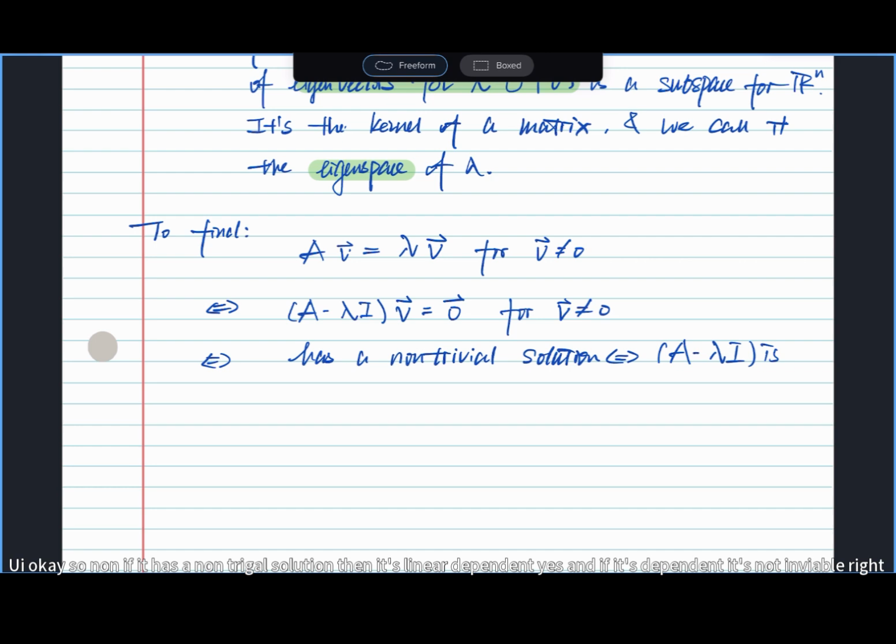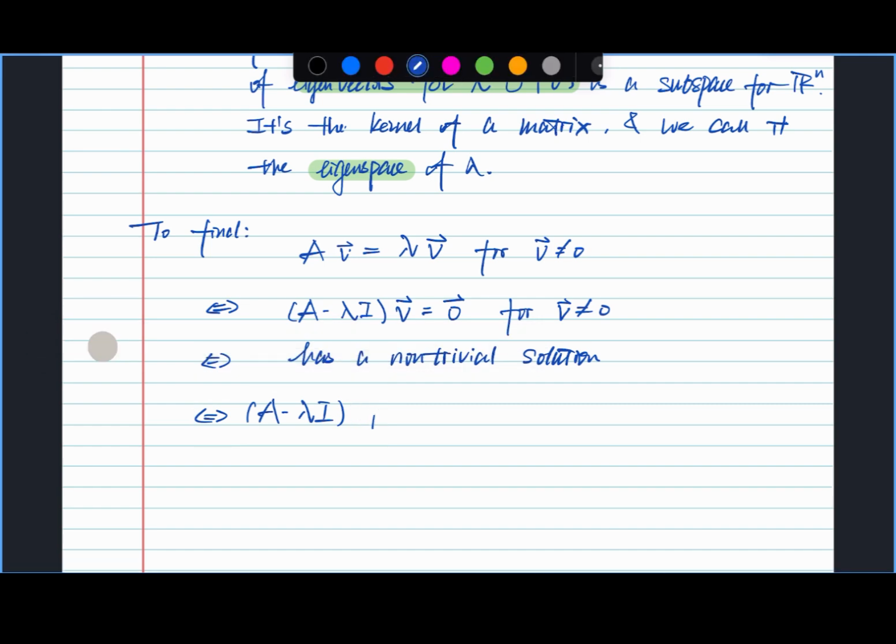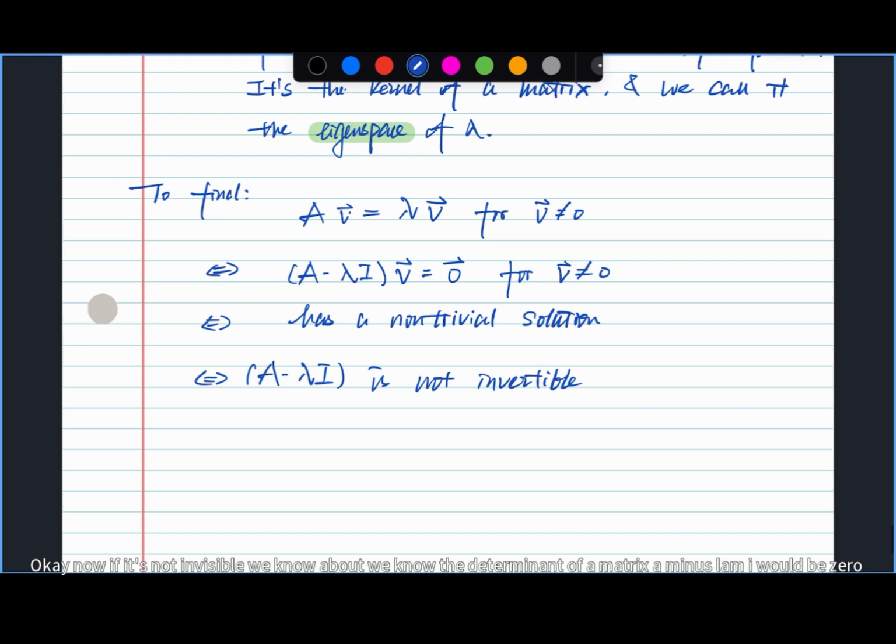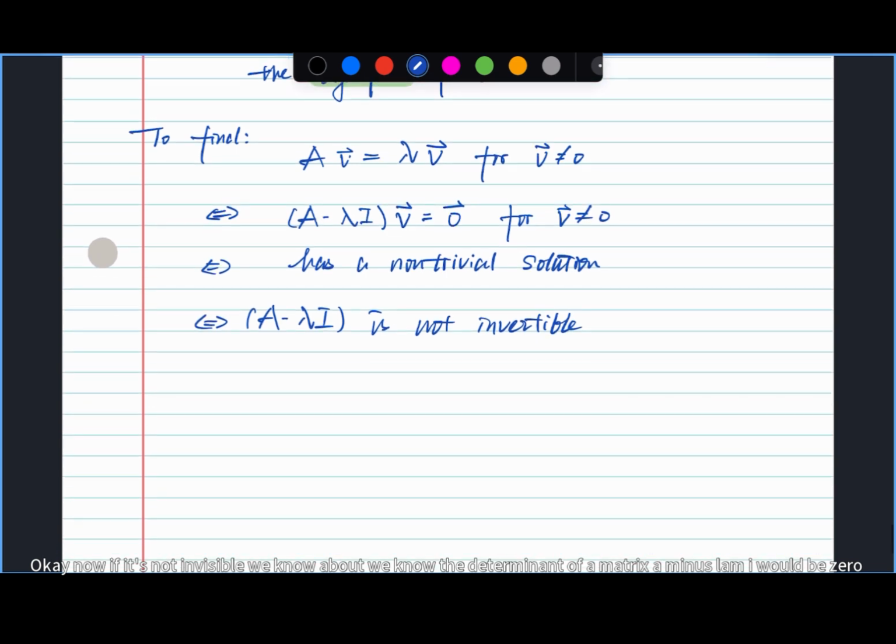Yes, if it has a non-trivial solution, then it's linearly dependent, and if it's dependent, it's not invertible. Now if it's not invertible, we know the determinant of A minus lambda I would be 0.